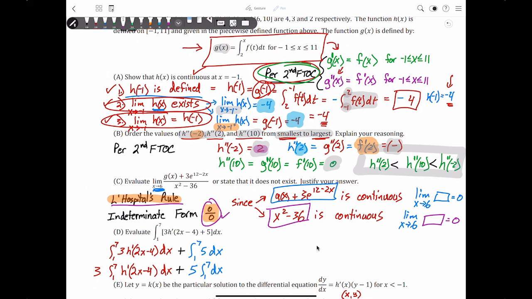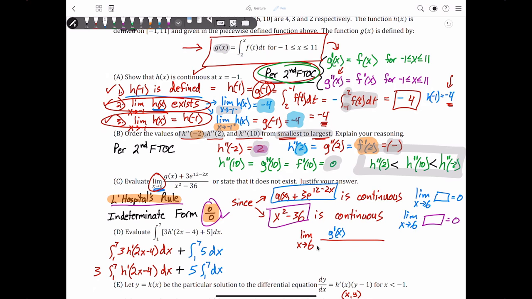Okay, so with L'Hopital's rule, we've learned that we can take our original ratio of f of x over g of x and find their derivatives and see if we can then plug in our input of 6. So let's go ahead and do that now. It will move over to the limit as x approaches 6, and we're going to take the derivative of the top, which we get g prime of x.